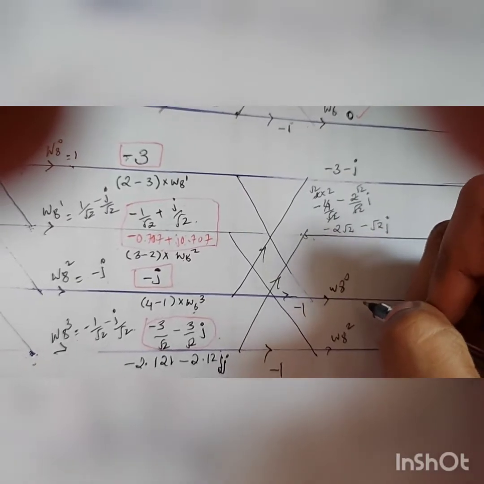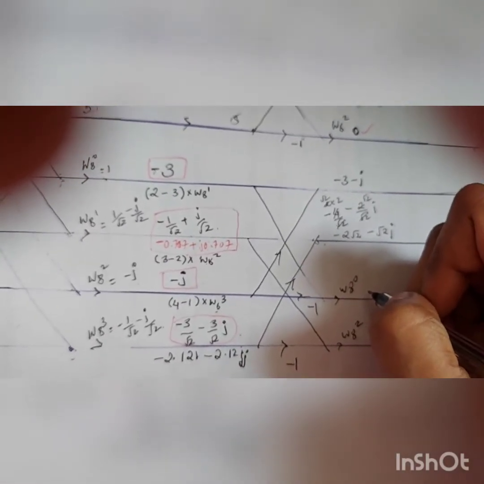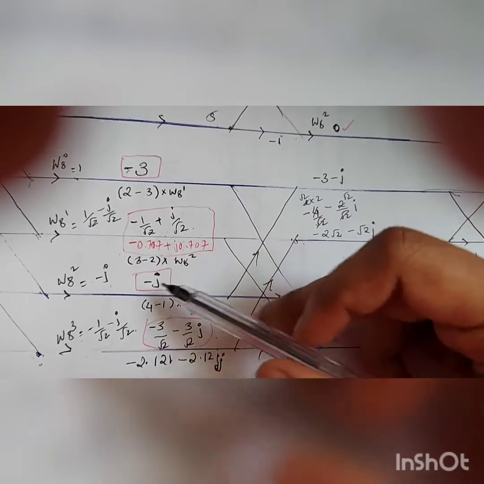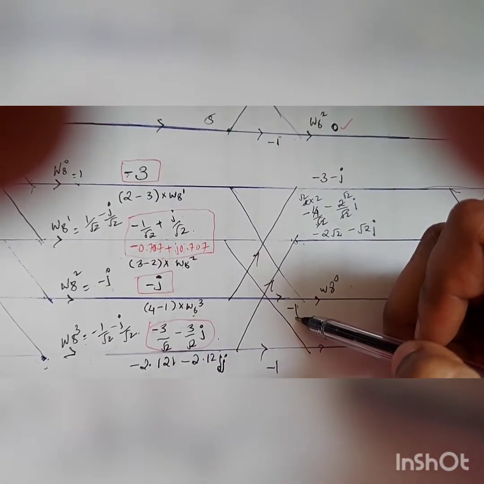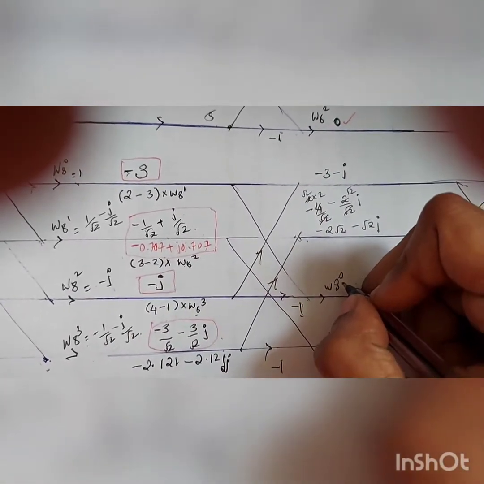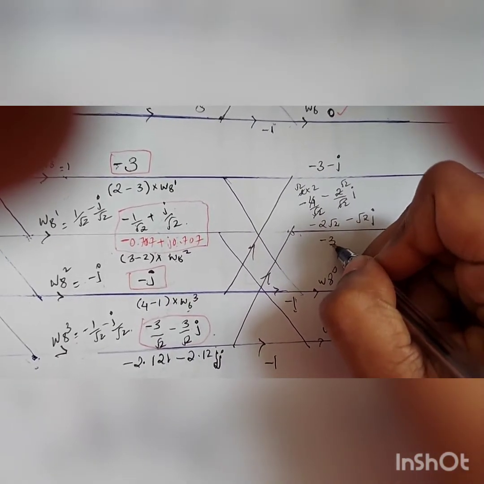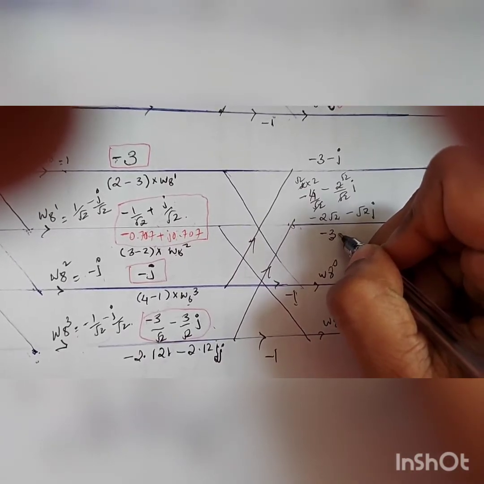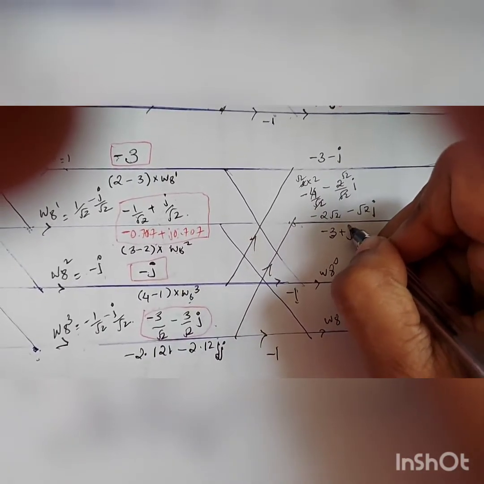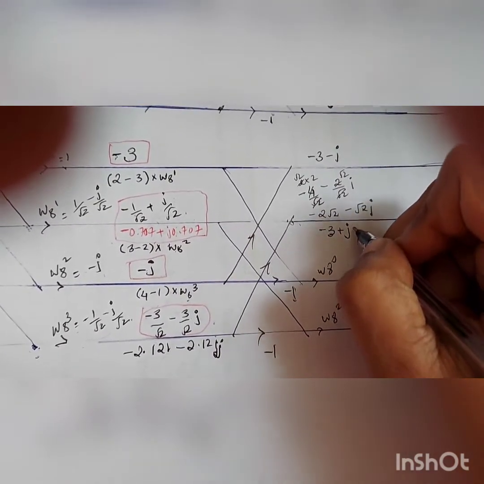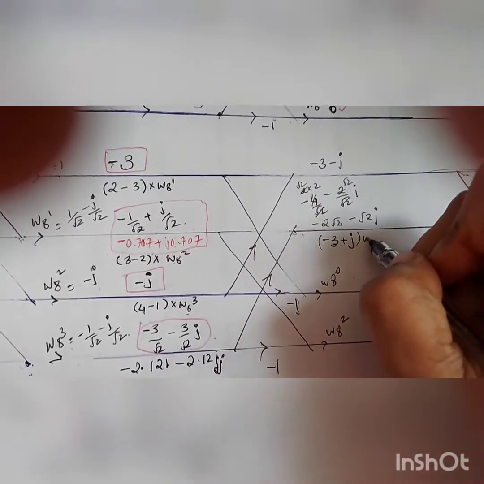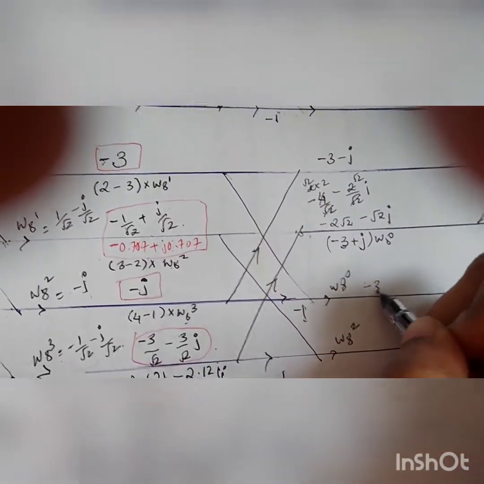What about here? This is minus 3. Minus j into minus 1 is plus j. This into W8 bar 0 is anyway 1. So this is minus 3 plus j into W8 bar 0, which is the same as minus 3 plus j.